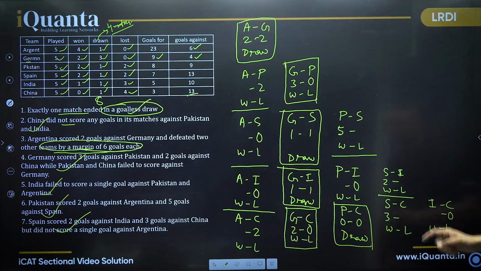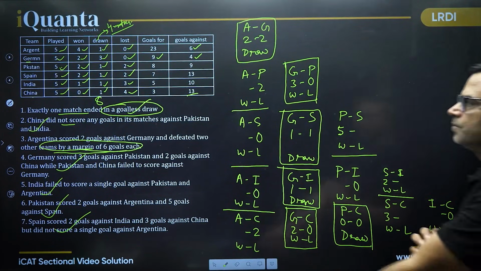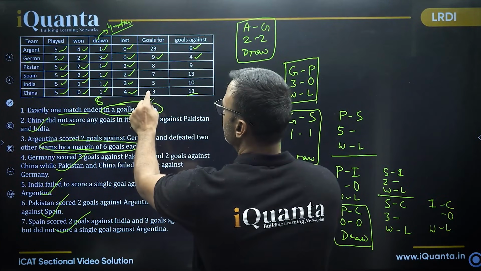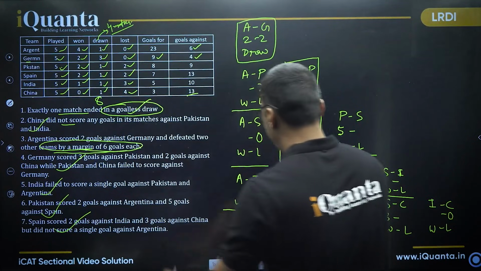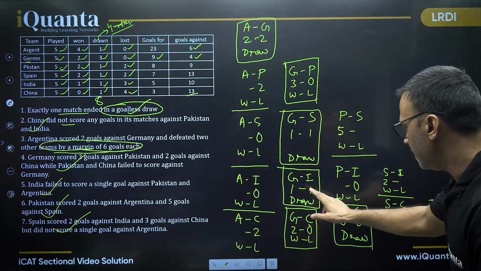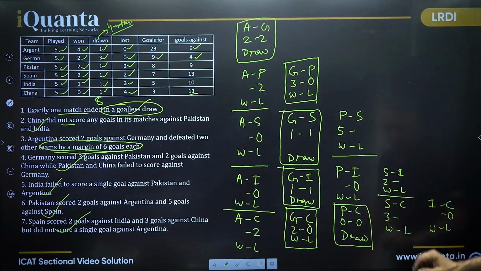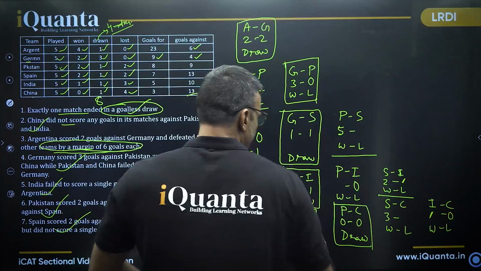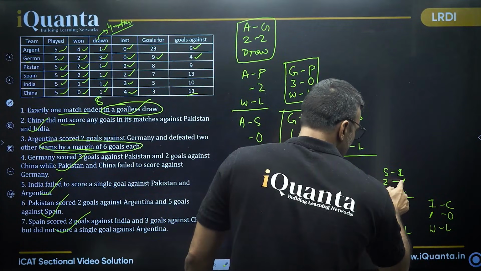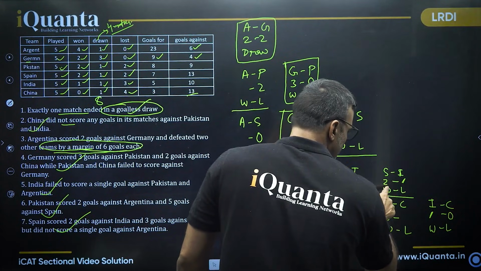The sum of these two has to be 4. Why should that happen? Because the total is 5. Here India scored 0, here India scored 1, here India scored 0. These places we don't touch. So the sum of these two values has to be 4. But at the same time, this cannot be 2 or more. It has to be less than 2, because India has lost.